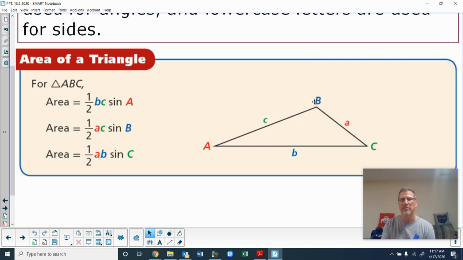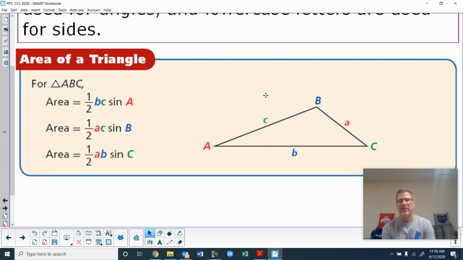Capital B is up here, so side B is straight across from it, this bottom side. And then angle C, capital C, is here, so side C is straight across over here. You must draw your pictures like that when you label them. It doesn't matter where you put angle A, B, and C. Just make sure side A is opposite angle A, side B is opposite angle B, and side C is opposite angle C. That's very important.